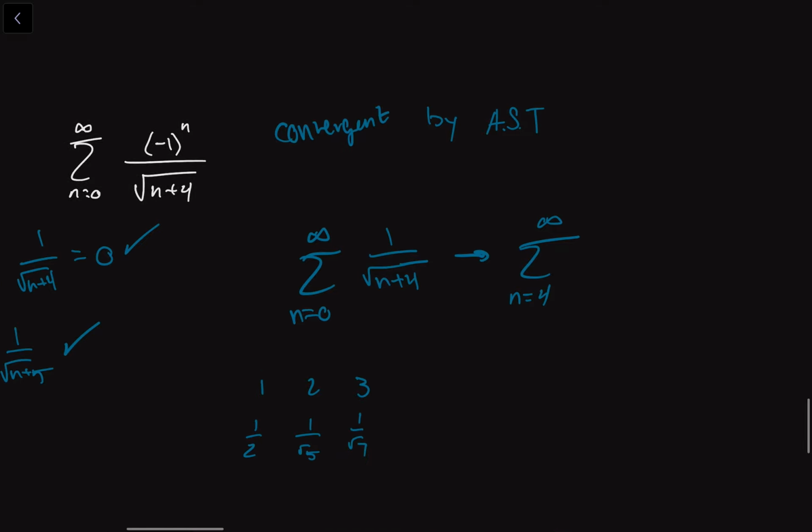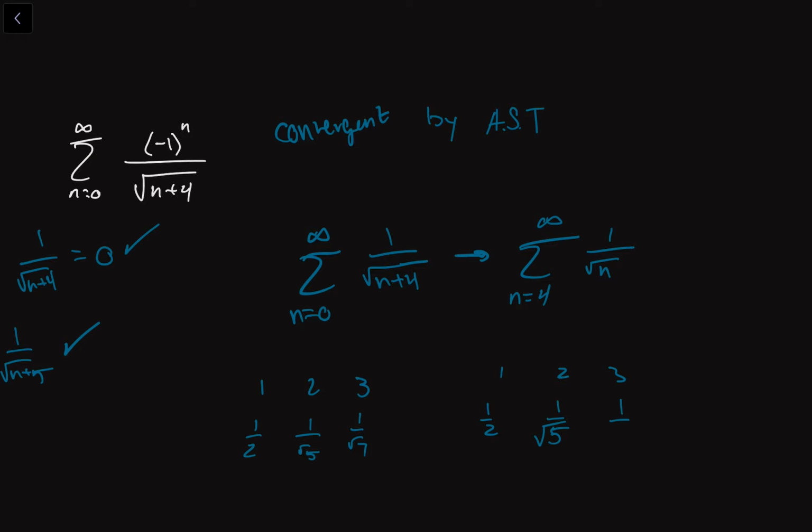If we started at 4, we can instead just do this, because when you plug in 4, you get 1/2. When you plug in 5, you get 1 over root 5. The second term is when you plug in 5 and you get 1 over root 5.